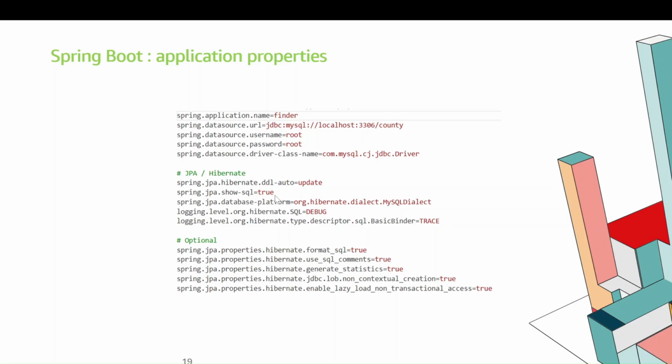true means the SQL queries that Spring Boot is going to generate, it will display in the console. So we will see what SQL statements Spring Boot is going to generate based on the finder method that we write. It's like a cross check that we can do. And highlight, these details are important.